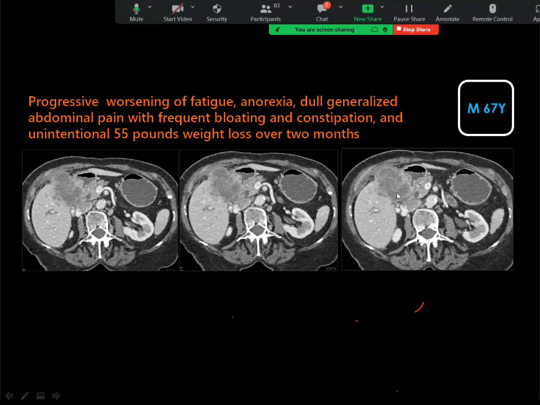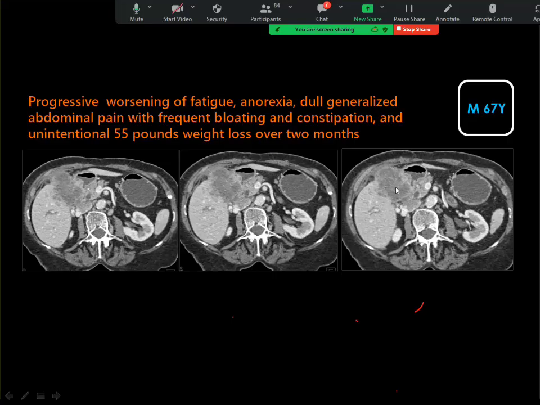Gallbladder carcinoma can invade the adjacent liver parenchyma, but I think it's very rare to see a hepatocellular carcinoma invading the gallbladder fossa. I didn't see it in my practice, and also not in the literature. But if you see a mass that is centered on the gallbladder, this is gallbladder carcinoma.